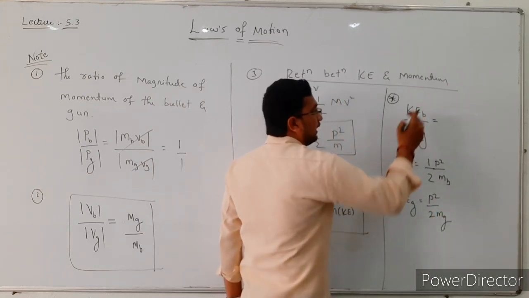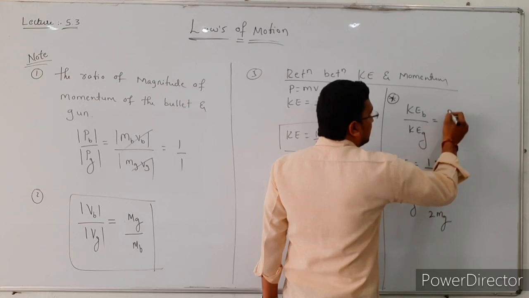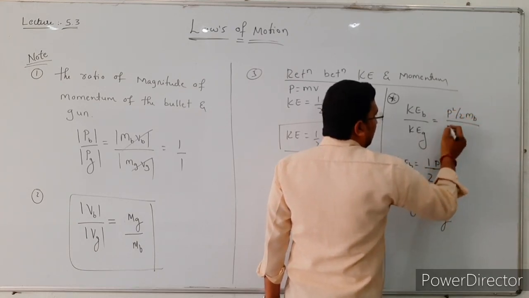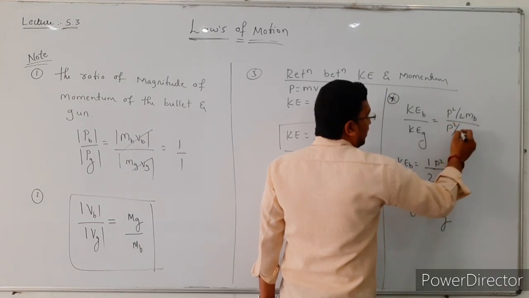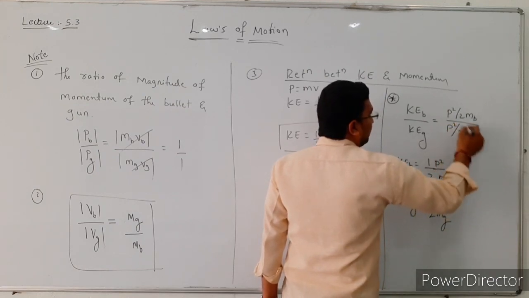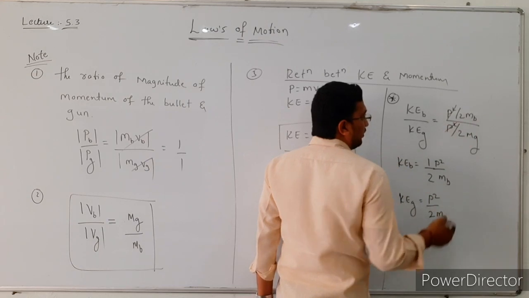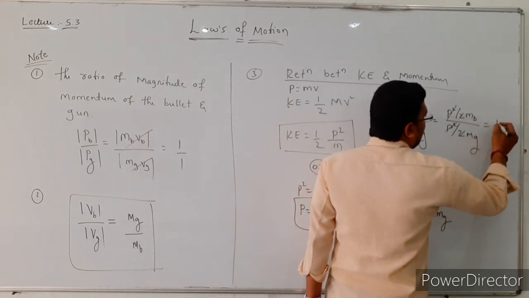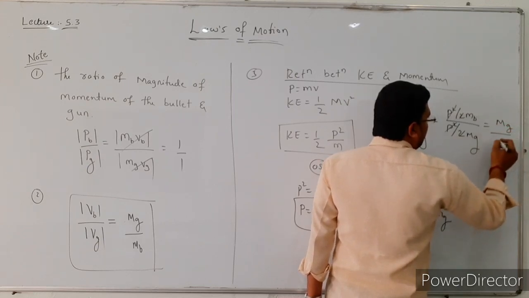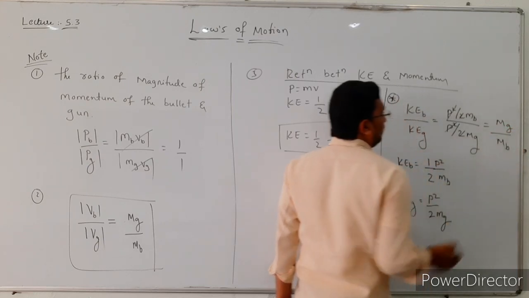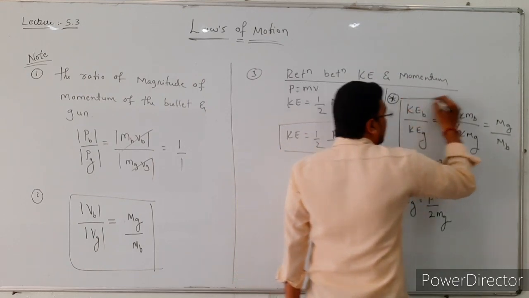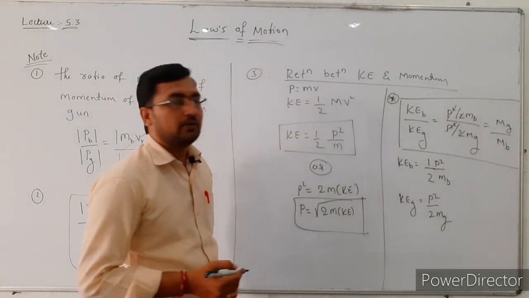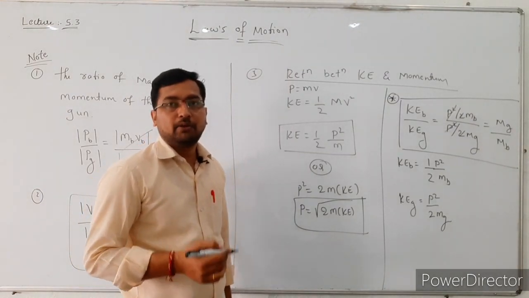Substituting these two values, p square divided by 2 into mass of the bullet over p square divided by 2 into mass of the gun. The momentum gets cancelled and 2 gets cancelled. The remaining is the mass of the gun with respect to the mass of the bullet. The ratio of the kinetic energy of the bullet with respect to the gun is mass of the gun divided by mass of the bullet.